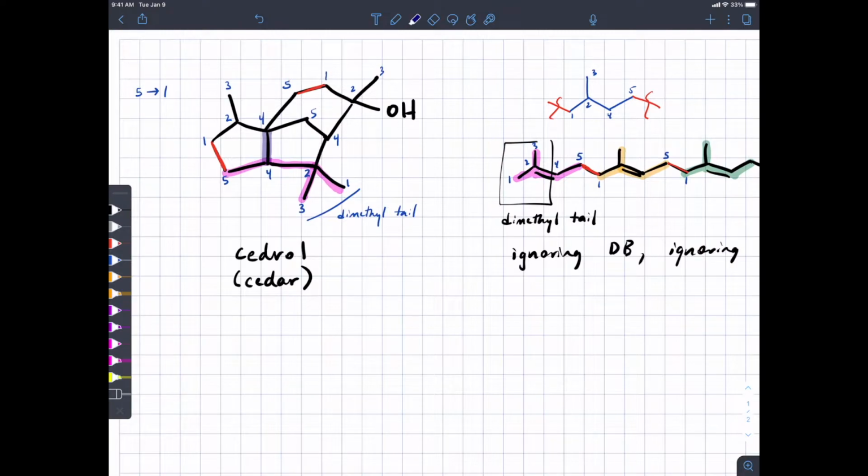The bond between 4 and 2 this way, that's another thing we were going to have to make. And the bond between 4 and 5 this way. And then highlighting our isoprene units.